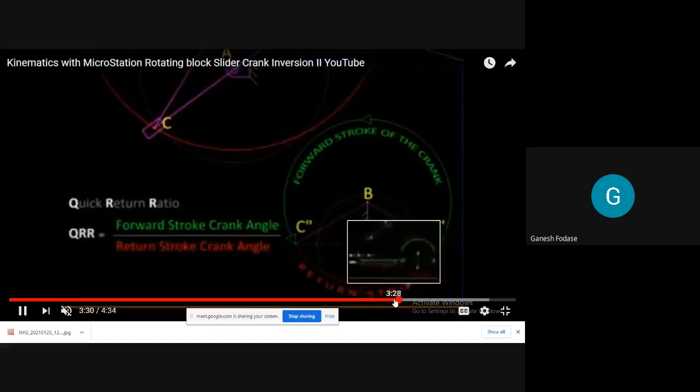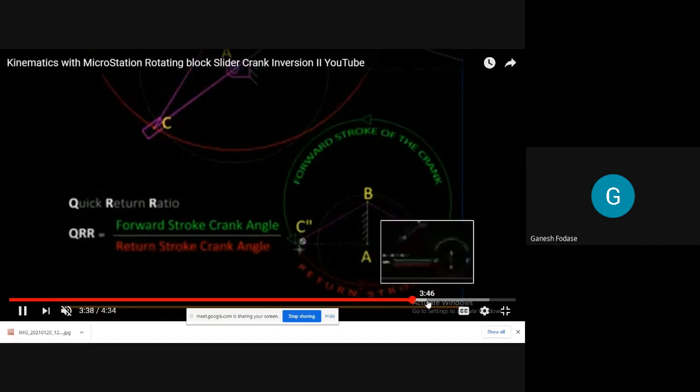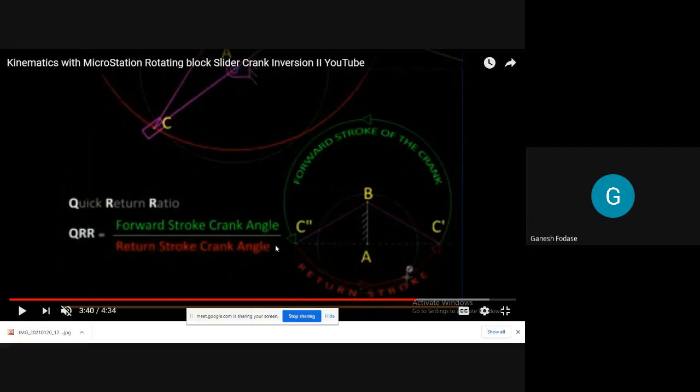That I explained to you: forward stroke, return stroke, the quick return ratio and all. Still, now I'll explain. BC dash and BC double dash are the extreme positions, and you can see at these extreme positions, C dash to C double dash is the forward stroke, and C double dash to C dash is the return stroke. AB is perpendicular to the output link, and hence, if BC length is known to you and AB length is known to you, which angle will you get?